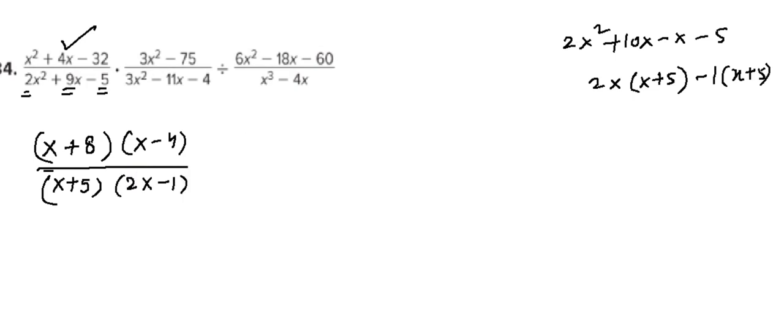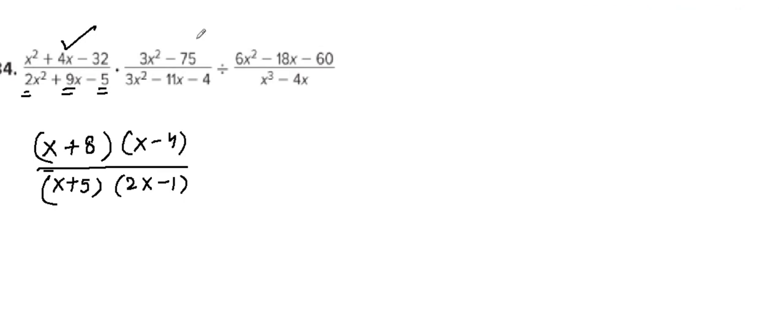Similarly, the next one you can factorize, and up and down you can cancel out. Here 3 is common, so what is left? 3x squared minus 25x minus 4. Here you can factorize again, 3x squared, 3 into 4, 12.